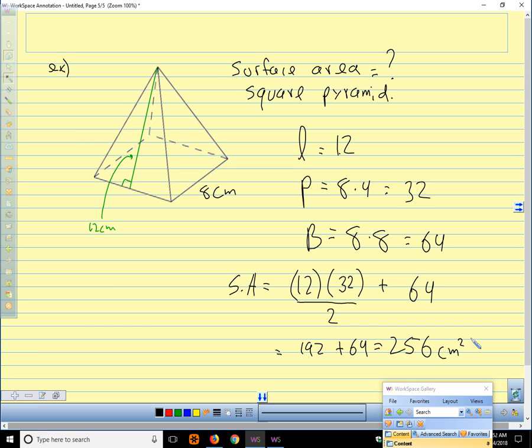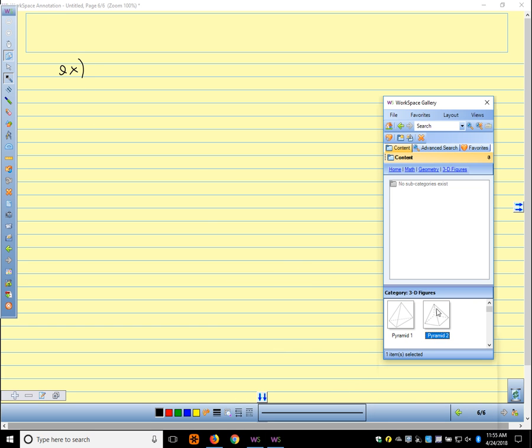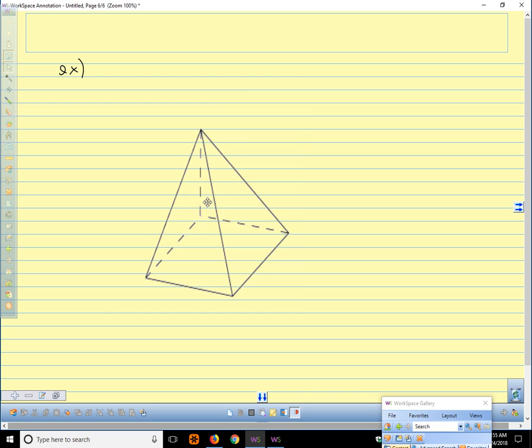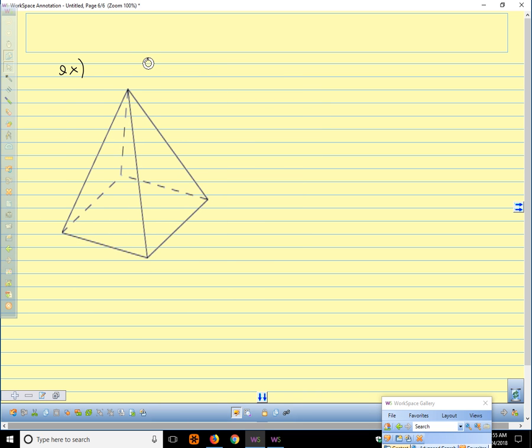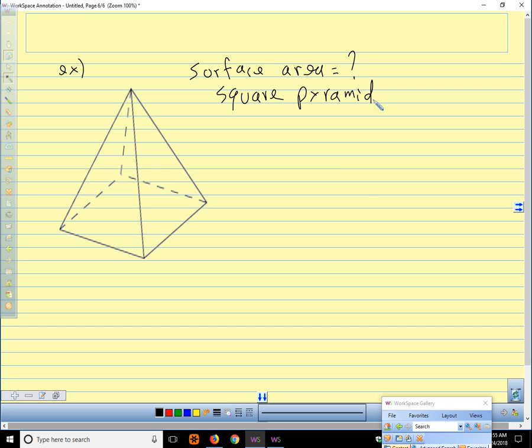All right, questions? Okay. Let's look at another example where we have to be a little more careful. So a square pyramid again. A square pyramid.